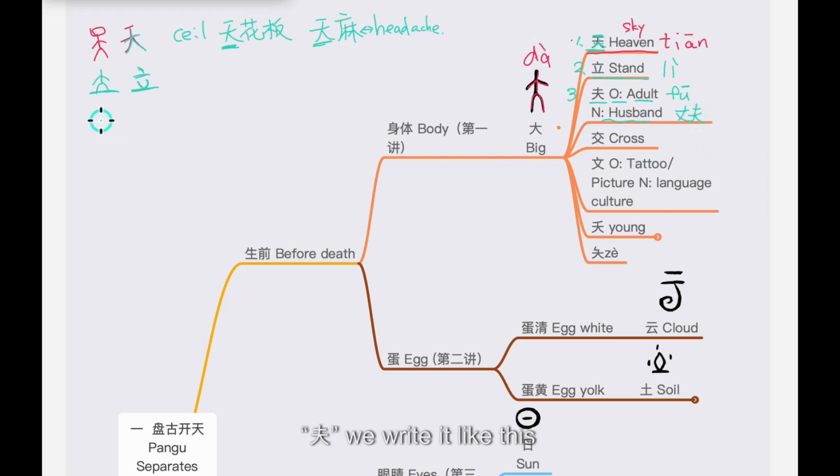For 夫, we really like this. Starting with the base character 大, it's a person, and has a little horizontal stroke across his or her head. And this is a hairpin.